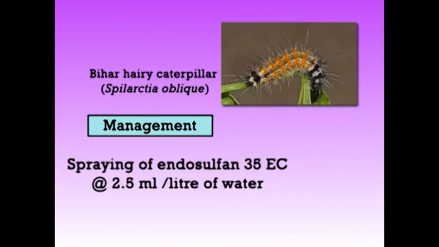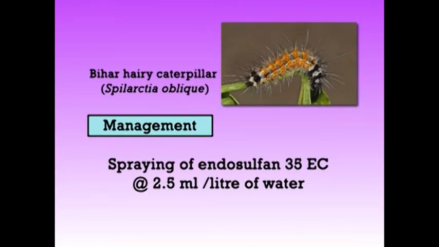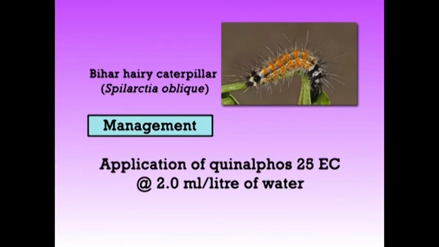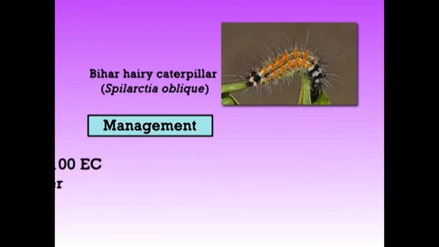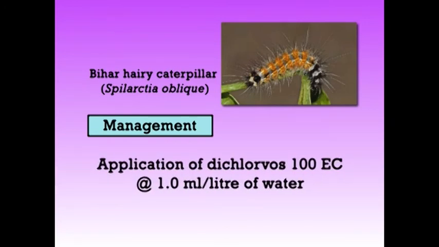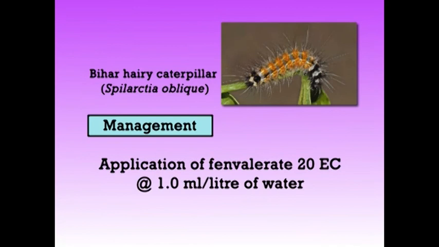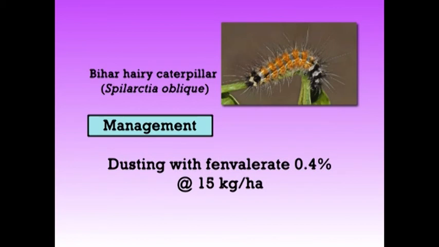This can be controlled by spraying of endosulfan 35 EC at the rate of 2.5 ml per liter of water, or this can be managed by application of quinalphos 25 EC at the rate of 2 ml per liter of water or dichlorvos 100 EC at the rate of 1 ml per liter of water or fenvalerate 20 EC at the rate of 1 ml per liter of water, or this can be managed by dusting with fenvalerate 0.4% at the rate of 15 kg per hectare.